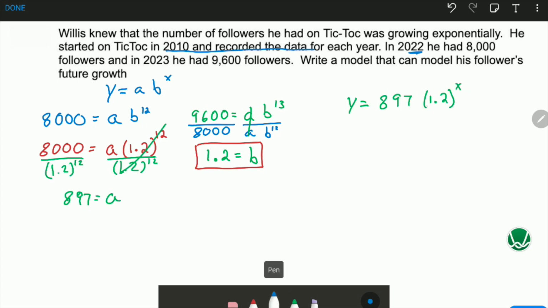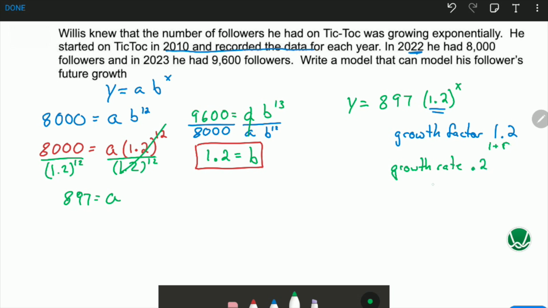The growth factor, just emphasizing some of our vocabulary words, the growth factor is 1.2, which means the growth rate, because remember the growth factor is 1 plus the rate, would be 0.2 or 20% as a percent. Just emphasizing some of the vocabulary. And that's it.